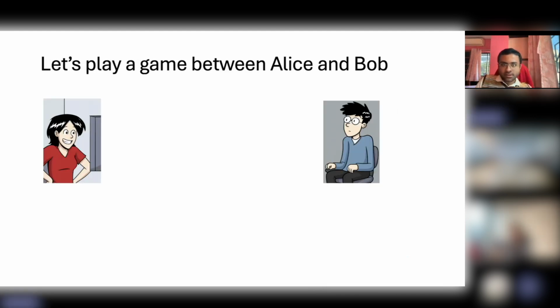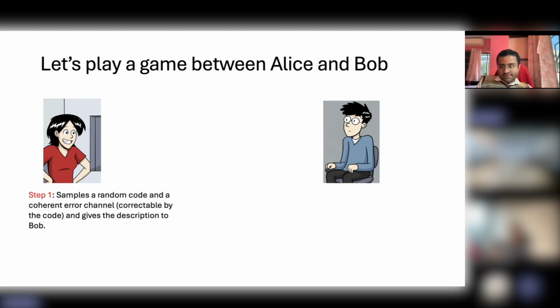So how can I use this insight to design a quantum advantage game? Let's play a game between Alice and Bob. Alice samples a random code and an error channel that's correctable by the code, and gives the description to Bob, both the code and the noise channel.